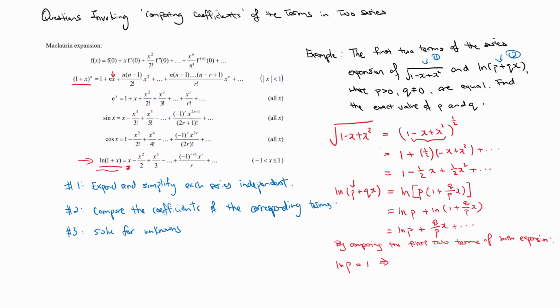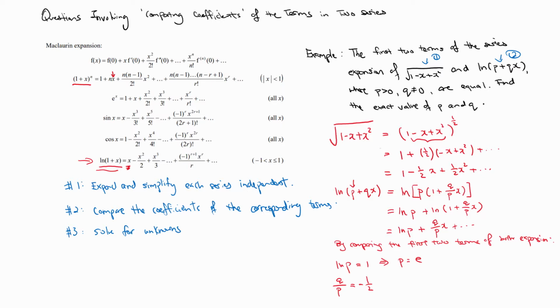This implies that p must be equal to e, because ln e is equal to 1, right? Now, next up, we can solve the second term, which is q over p, let's write that properly, q over p is equal to minus half.